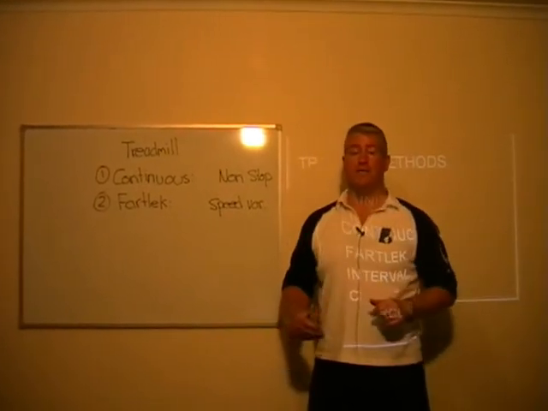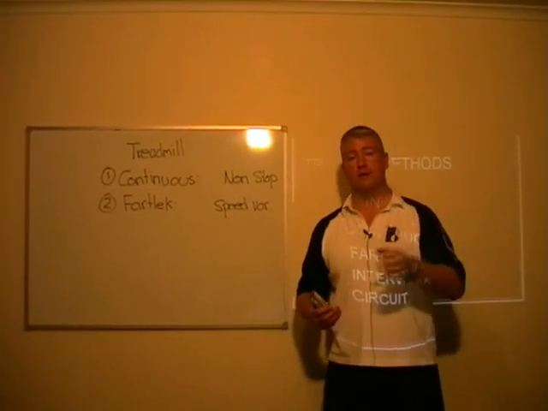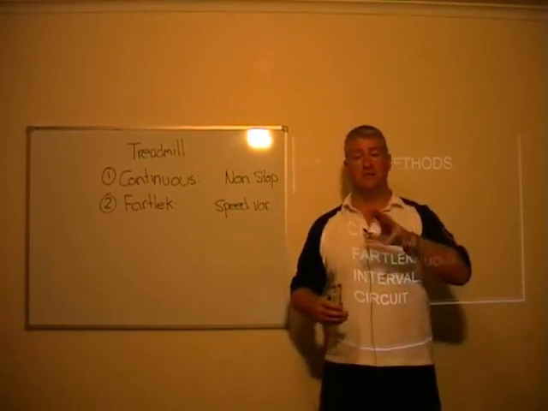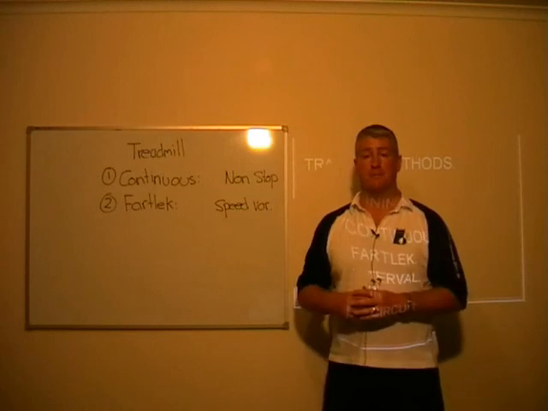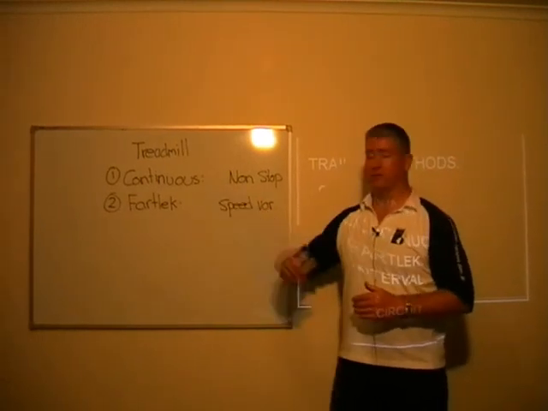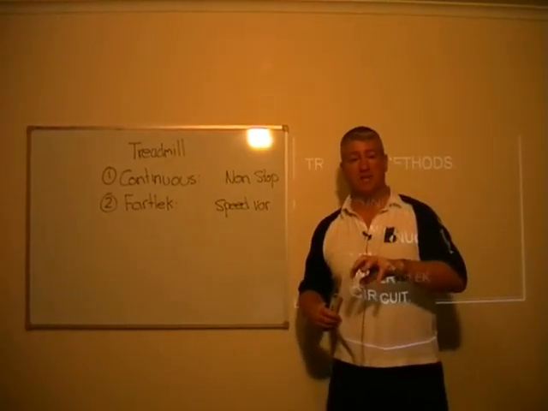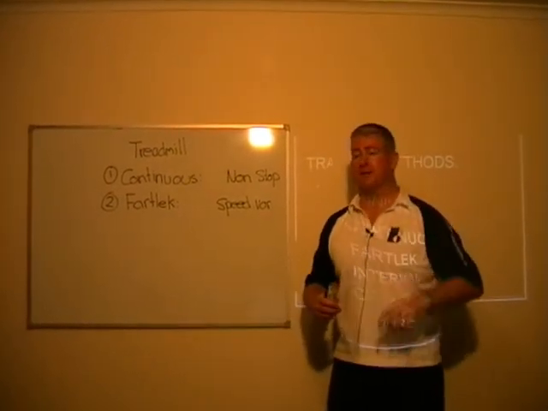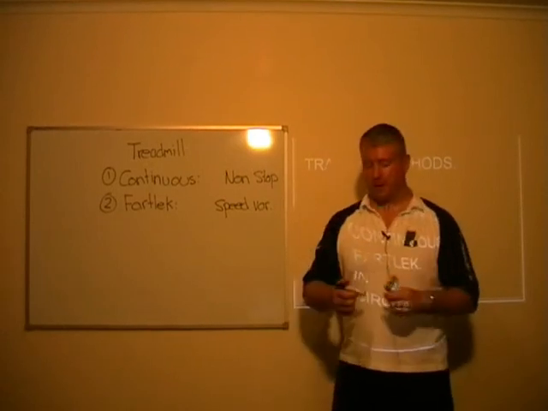You go 1 minute high intensity effort, running at 12 kilometers per hour, and then follow that with 3 minutes of 7 to 8 kilometers per hour or low intensity. So you're still doing continuous work on the treadmill for 20 minutes, but there's speed variations. 1 minute to 3 minutes, working in 4-minute cycles.